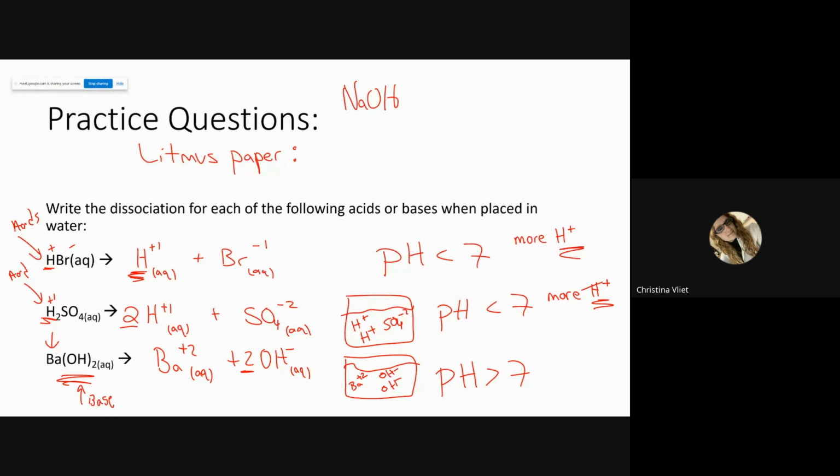An indicator will tell me the pH of my solution without doing much work. It is a chemical compound that actually changes color based on how much H+ it has on it. So litmus paper is red in acid and it's blue in base. And so you're going to want to write that. Red means acid and blue means base. That would be neutral.